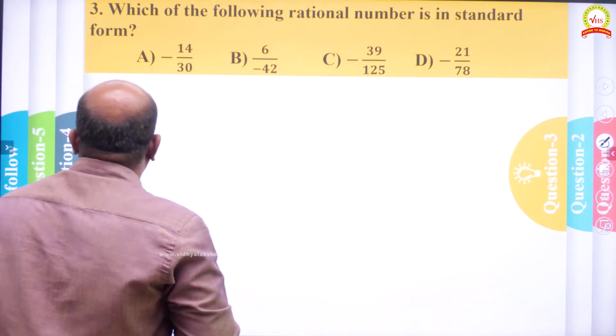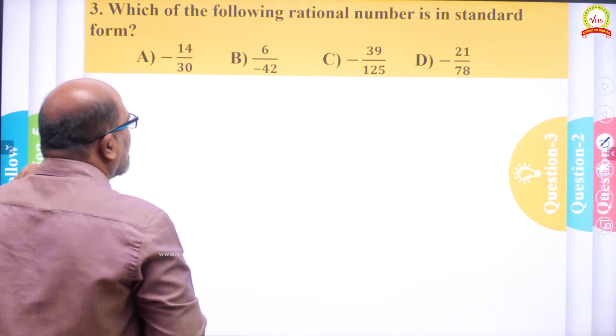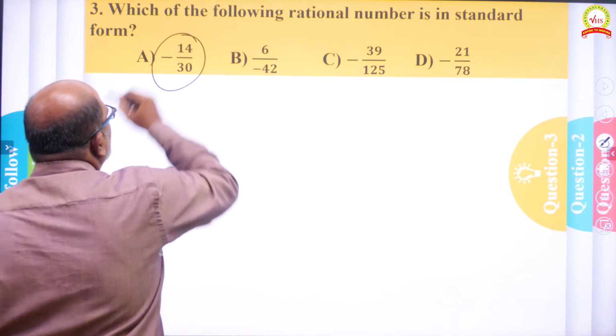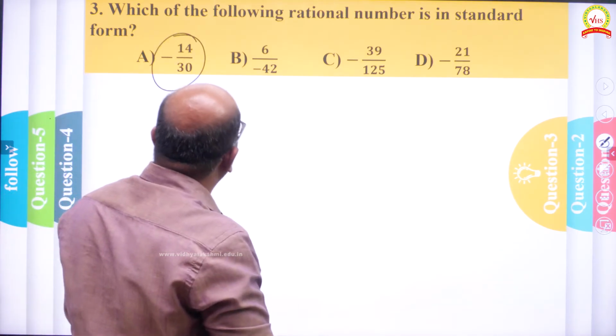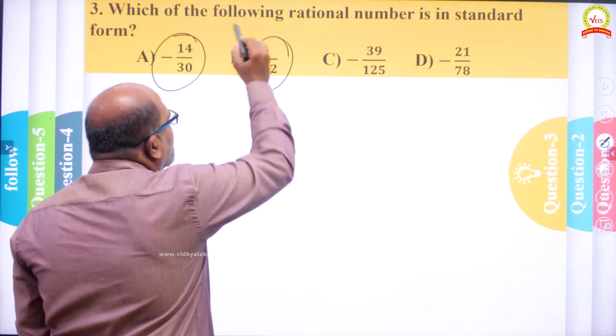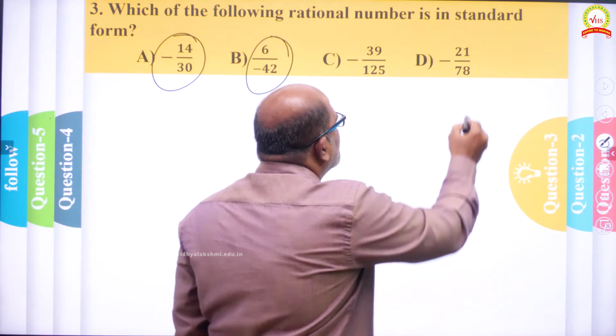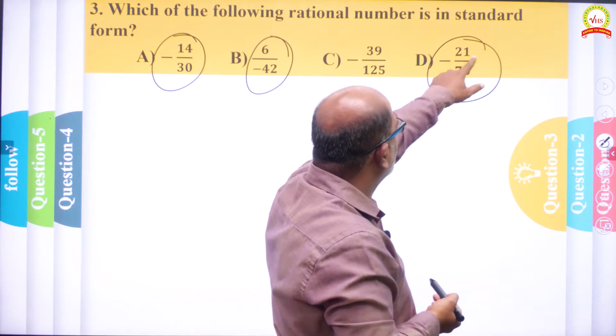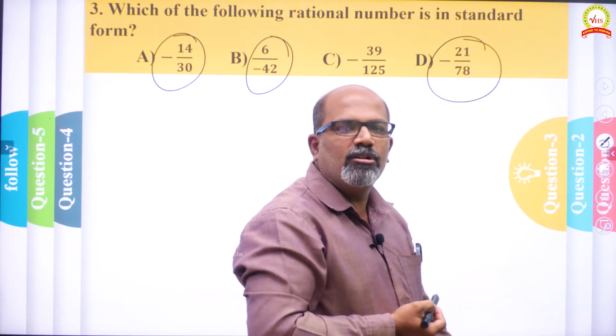So let us check whether the given rational numbers have any common factor other than 1. Definitely this is having 2 as a common factor, because of the even number in the numerator and the even number in the denominator, also this one. And this is having 3 as the common factor in numerator and denominator, because 21 is divisible by 3 and also 78 is divisible by 3.